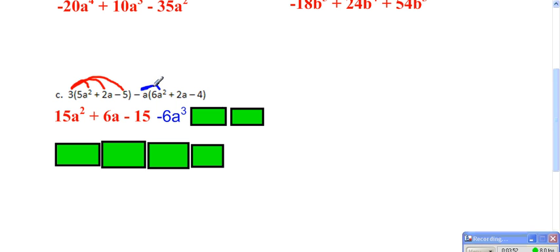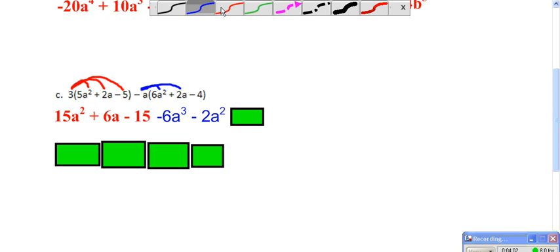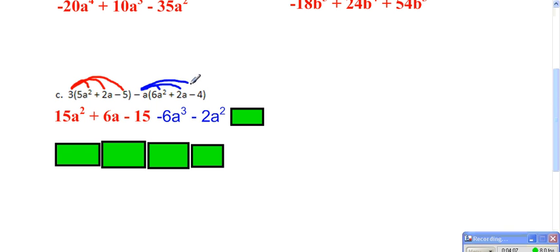Next step is negative a times 2a. When you multiply that together, you wind up with negative 2a to the second. And last, negative a times negative 4, multiplying two negatives together, we wind up with a positive 4a.